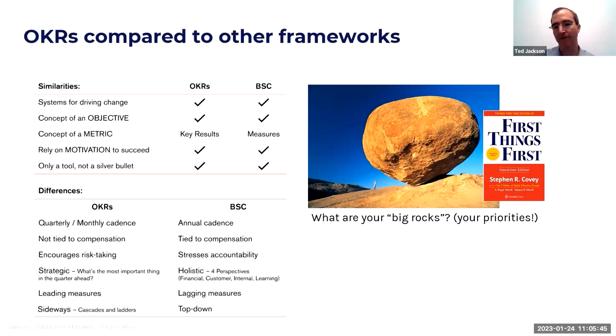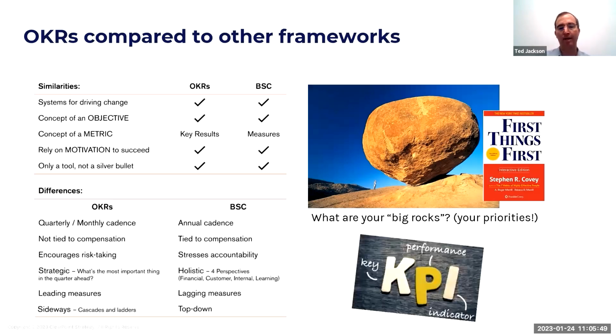You may also have heard of another big concept in performance management around key performance indicators, right? And performance indicators are like your measures. So in a confusing world, you have all these performance indicators, big rocks, OKRs, balanced scorecard.